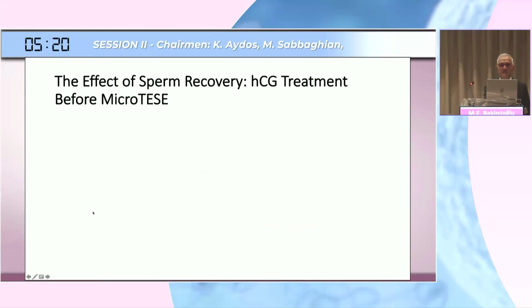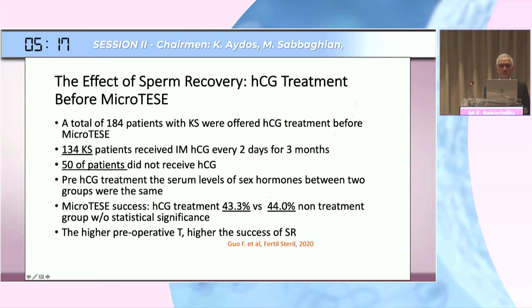However, a new study, again from the US, Fertility and Sterility 2020, checked 184 men with Klinefelter's, and they gave them HCG treatment before micro-TESE. The groups were divided into two, treated and untreated. The treated group was 134 patients who received HCG every 2 days for 3 months, and they didn't give anything to 50 patients.